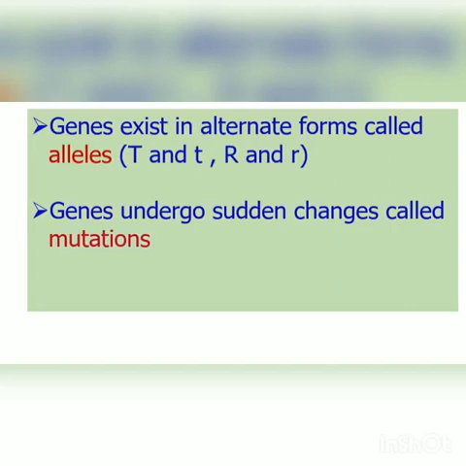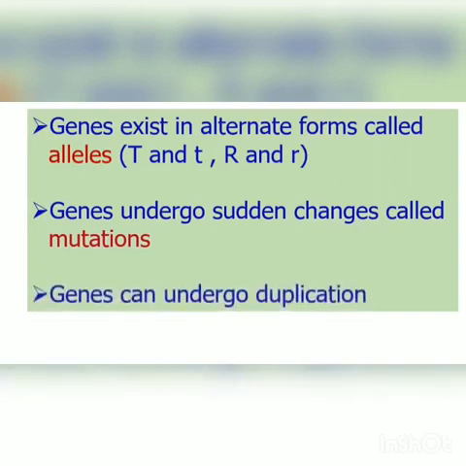So these mutant genes will cause several genetic diseases. Genetic and hereditary diseases are caused by sudden changes in the position and composition of a gene. Genes can undergo self-duplication. That means they are capable of producing their own copies.